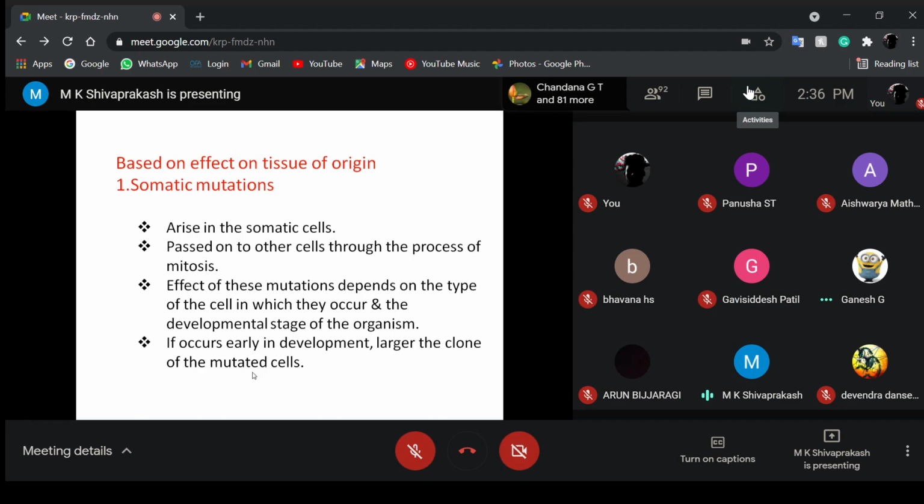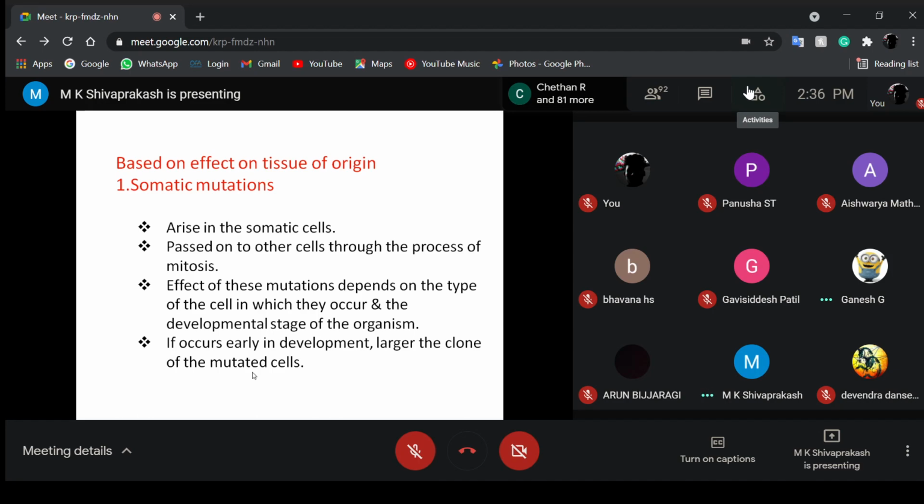Of course, the points here: the somatic mutation happens in cells through mitotic division, and it may be transferred from cell to cell during the growth of the organism, when there is cell multiplication.